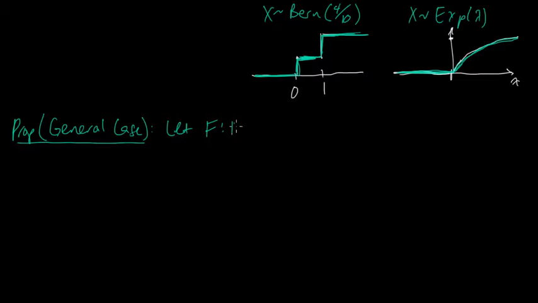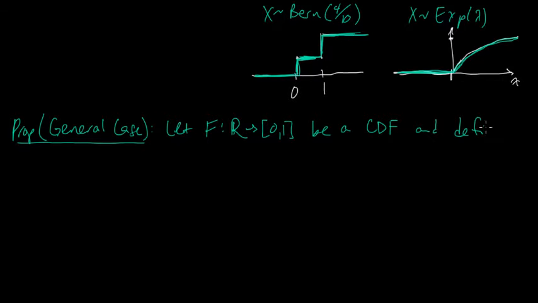Now let F be a CDF, this time to the closed interval. So before we were going to the open interval, and now we're allowing it to go to the whole closed interval. And F is a CDF.